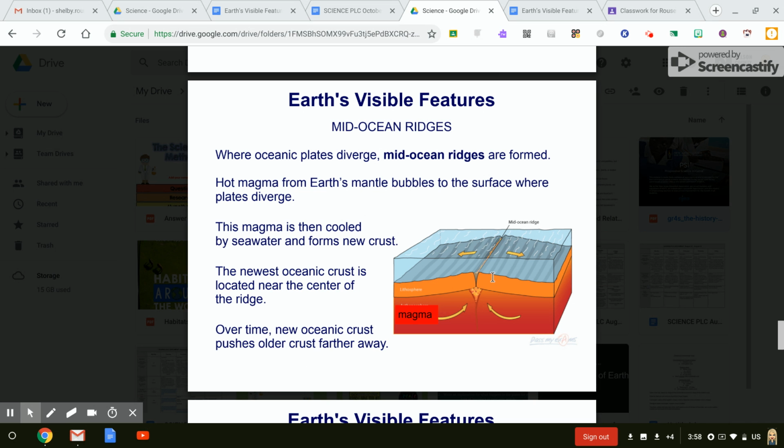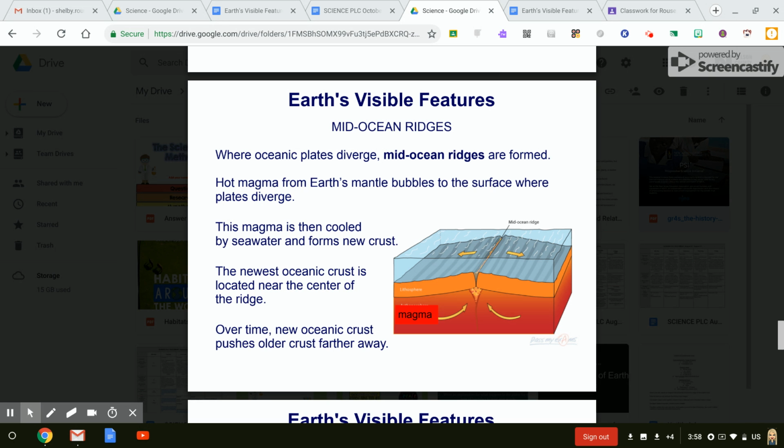Then that magma cools by seawater and forms a new crust. So that crust is pretty much just cooled, hardened magma that came up from the heat of the mantle. And the newest oceanic crust is located near the center of the ridge.